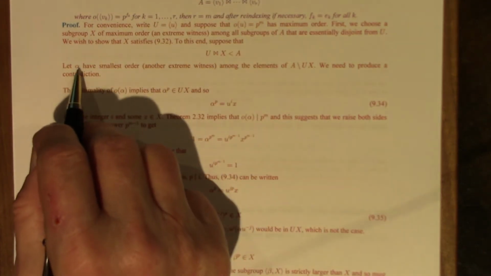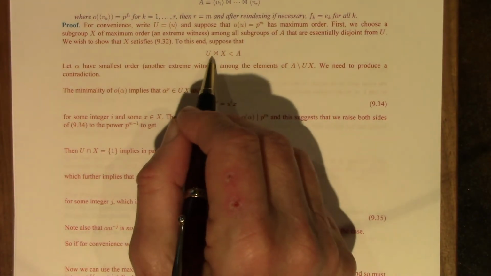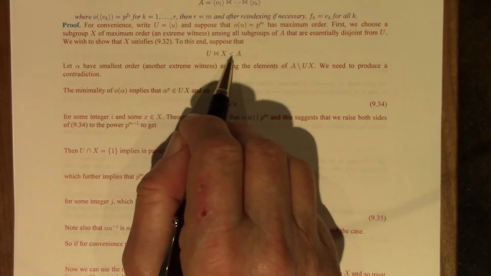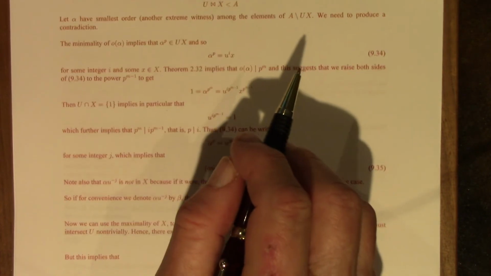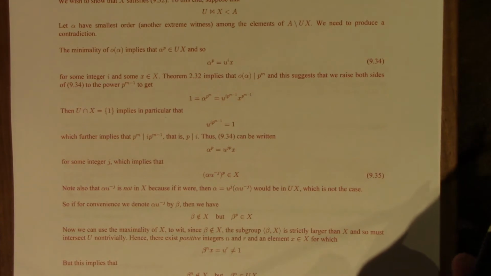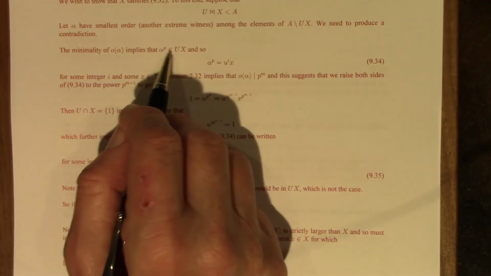And so that's what we'll let alpha be, and we need to find a contradiction because this assumption is what we want to contradict. Now, the reason a smallest order element works is right here.